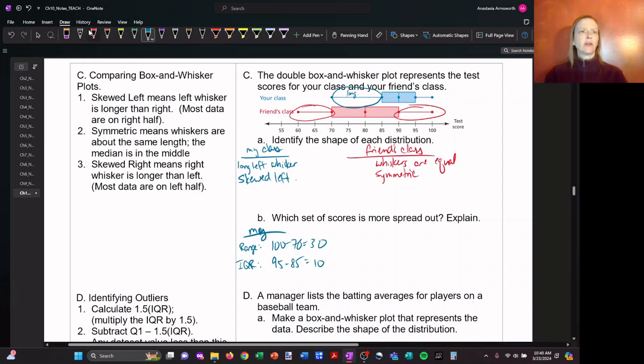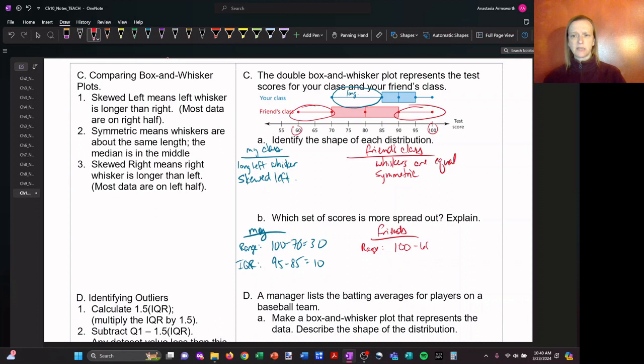On the other hand, if I look at my friend's class, their range goes from 100 all the way down to 60. So 100 minus 60 is 40. And their interquartile range is between 90 and 70. Remember, we're looking at the edges of the box there. So 90 minus 70 is 20.